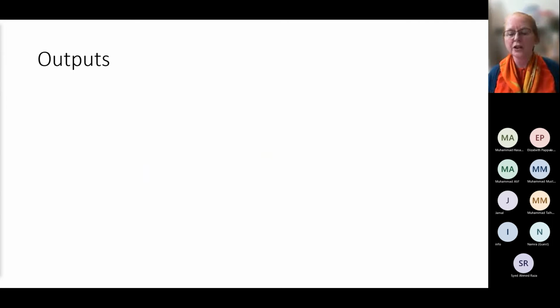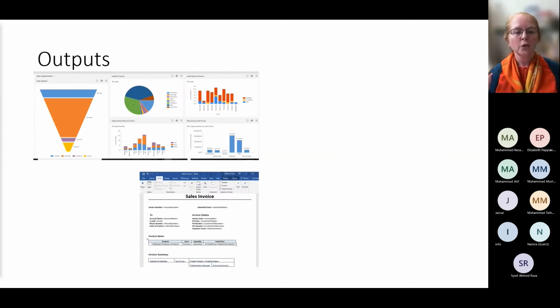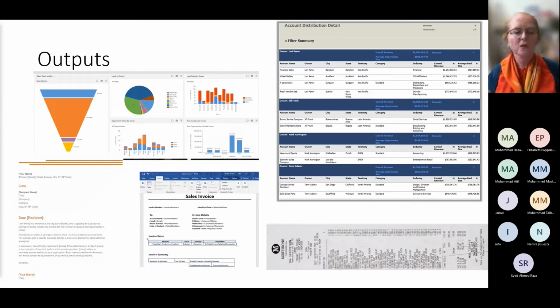The outputs are what the process gives us, and they are the ways that we consume information from the process. Some possible outputs that it's worth thinking about when you are scoping your project are dashboards, reports, Word documents, letters, picking slips, invoices, till receipts, and many, many more.